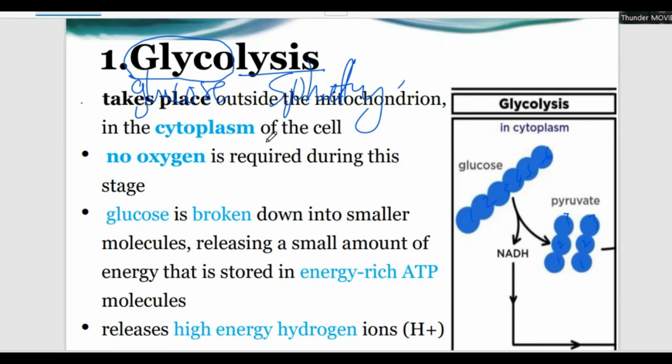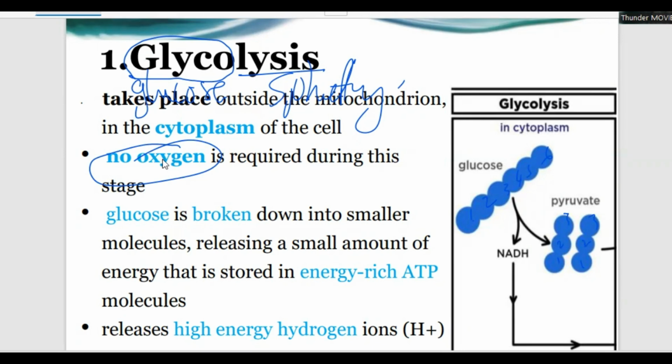We have explained that you have to take note that this process occurs in absence of oxygen. So oxygen is not required during this process. This links us to anaerobic respiration, which takes place in absence of oxygen. It means that in anaerobic respiration, the process cannot undergo the other steps of the Krebs cycle and oxidative phosphorylation.